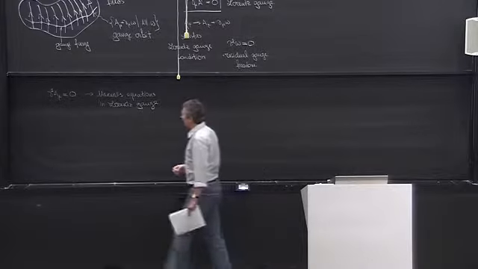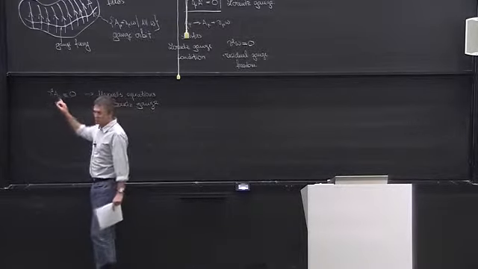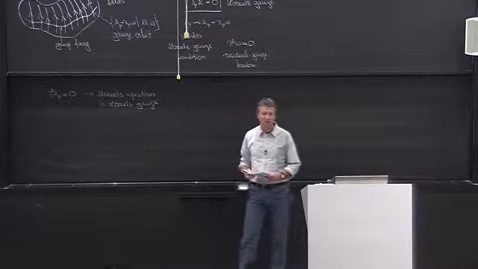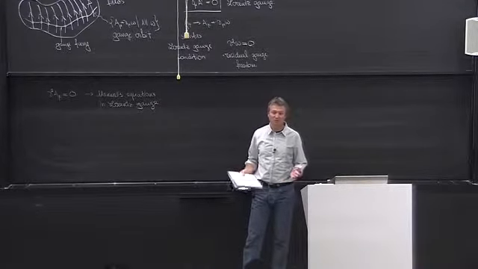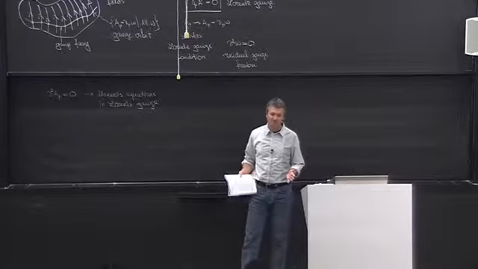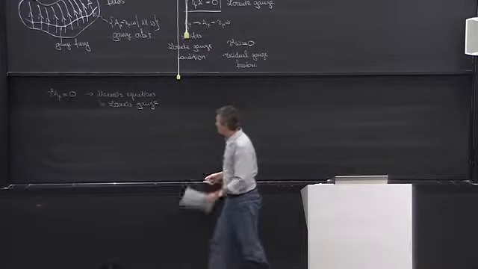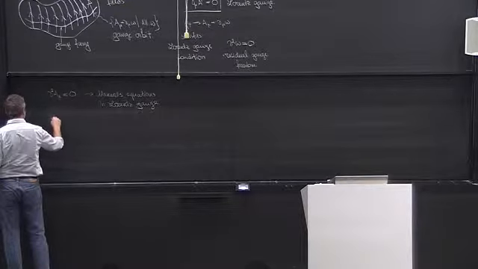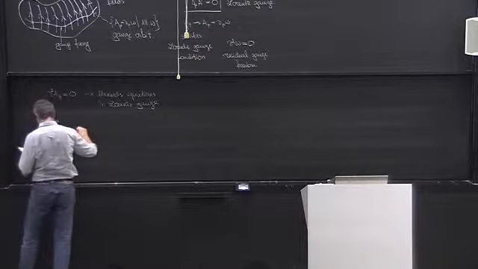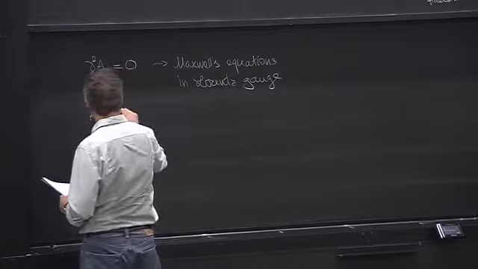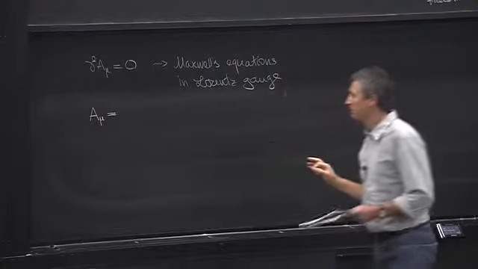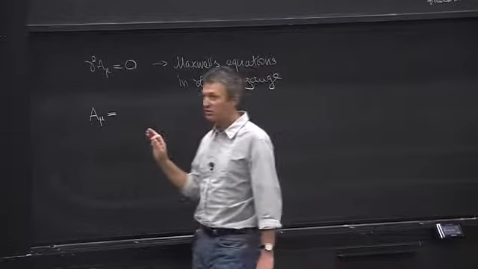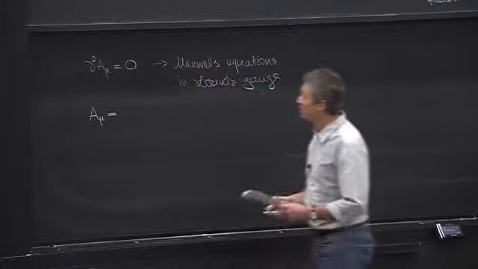So actually, this just looks like four sets of Klein-Gordon equations with mass 0, right? And we know how to quantize the Klein-Gordon equation. So we just write the same expression for A. But okay, let's first talk about just classical equations of motion.